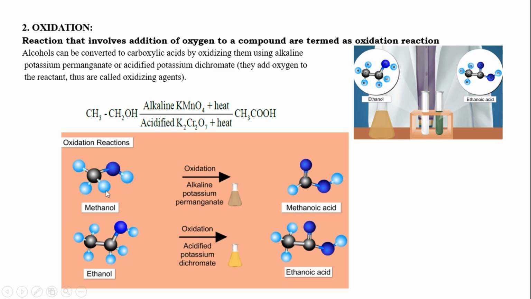This conversion of alcohol to carboxylic acid only takes place in the presence of these specified oxidizing agents, which we have already seen above. Ethanol is getting converted to ethanoic acid in the presence of acidified potassium dichromate. So it should be either of the two as an oxidizing agent for this type of reaction to happen. So this is an example of oxidation taking place with respect to carbon-containing compounds.